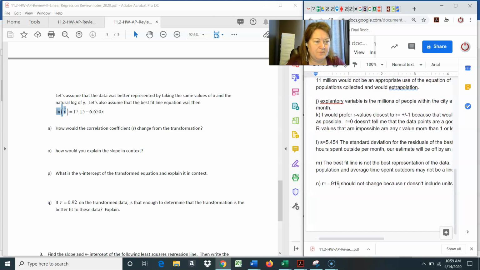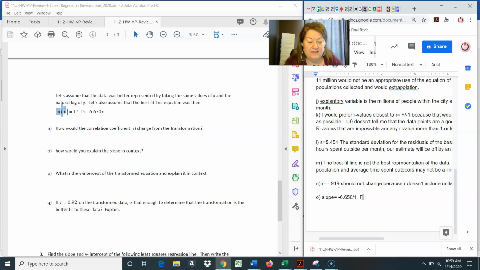All right, what about O? O says, how would you explain the slope in this context? Again, I'm going to say that slope is still equal to negative 6.650 over 1, except now the units have changed.